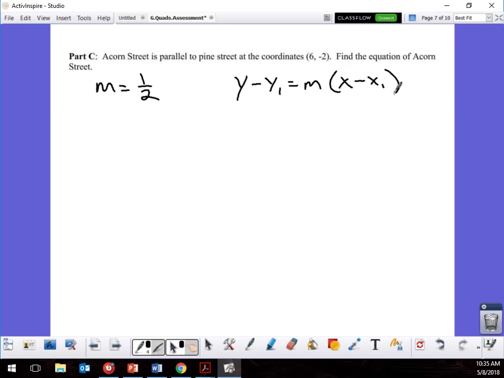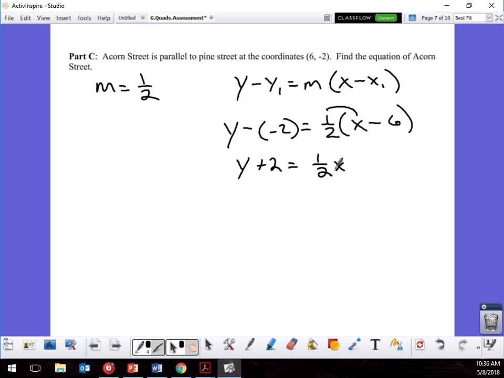So y minus -2 equals 1/2, parentheses x minus 6. So y minus -2 turns into y plus 2, equals, go ahead, distribute that, 1/2 x minus 3.